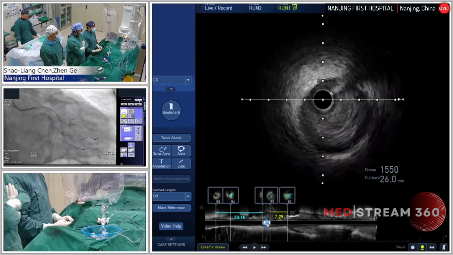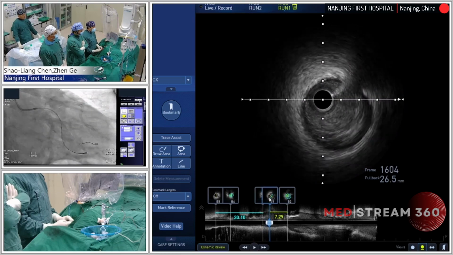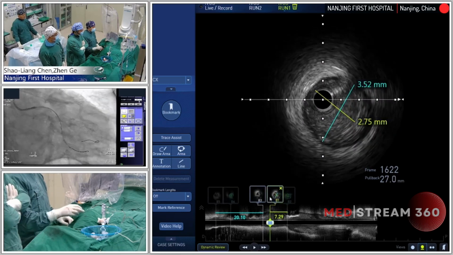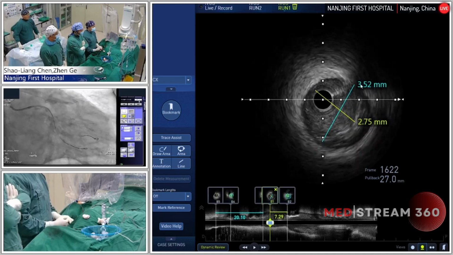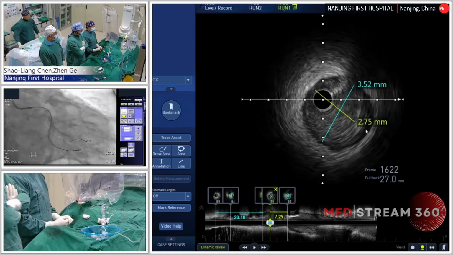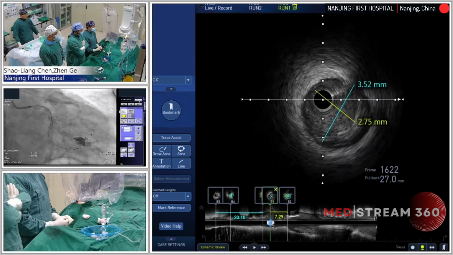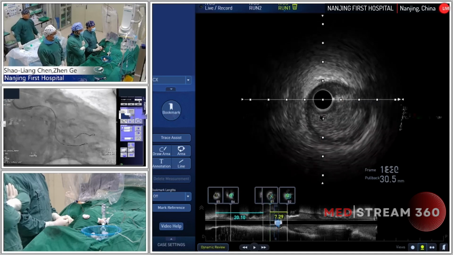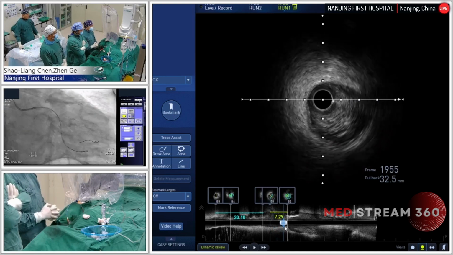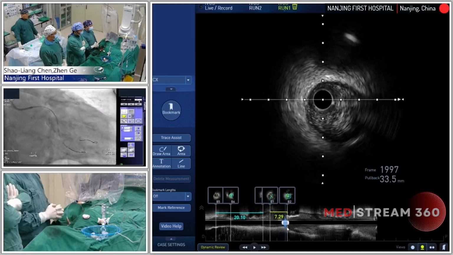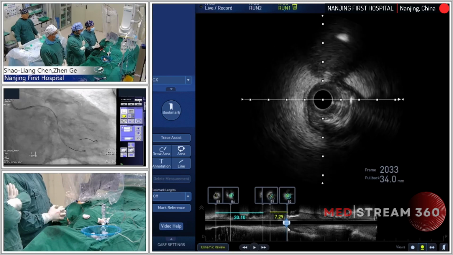Then going on pullback, at this point we find the stent landing zone, and here the vessel diameter is about 3.5 millimeter, and the lumen diameter is about 2.75 millimeter. Then we see eccentric plaque. This is near the circumflex and OM bifurcation, and here we can see the guide wire.